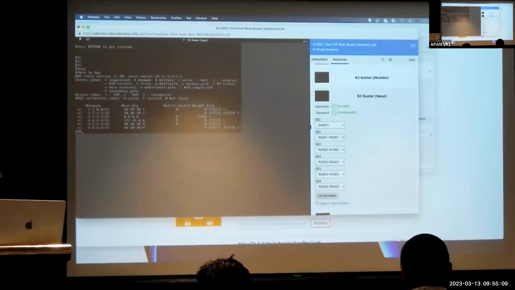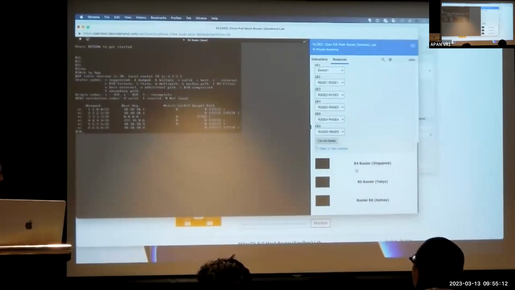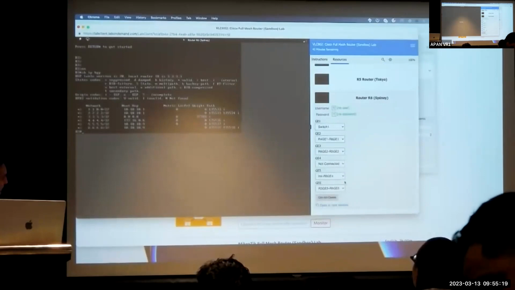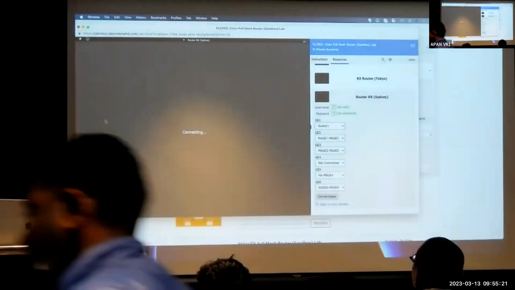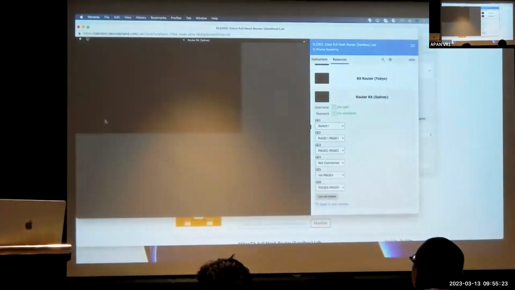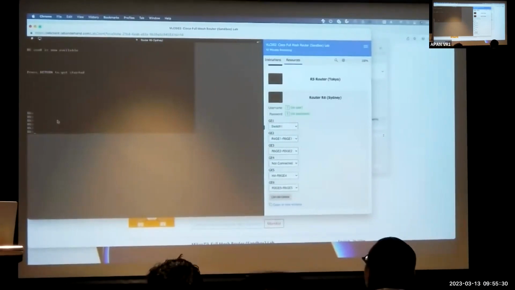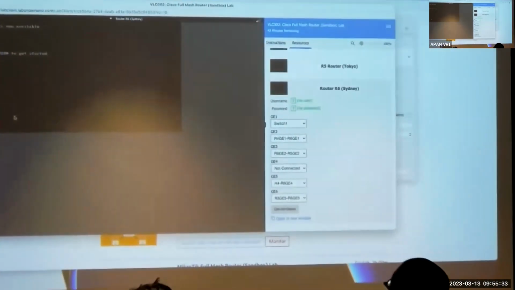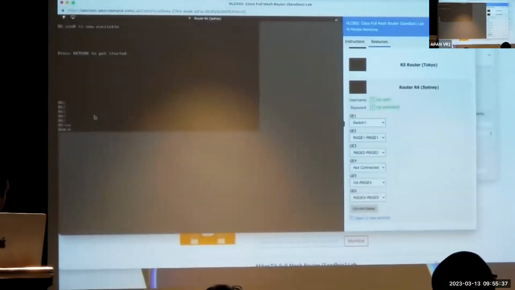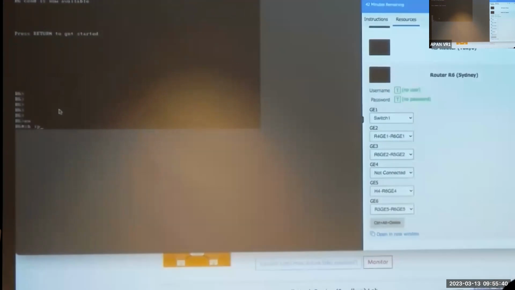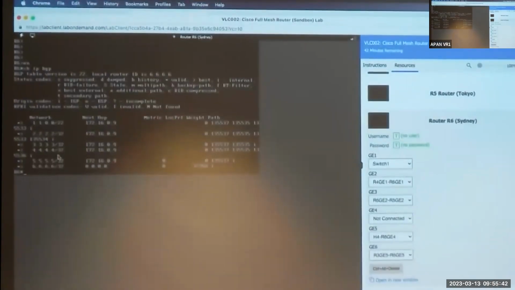And if we go into router 6, router 6 is actually further away from router 1, right? If I look on router 6, it's also seeing the same route, right?